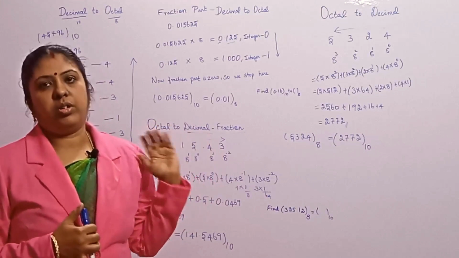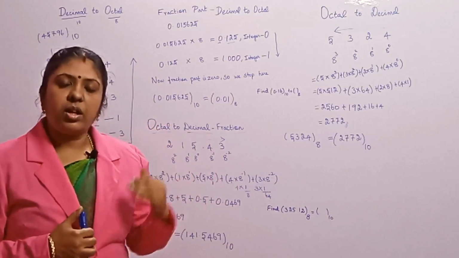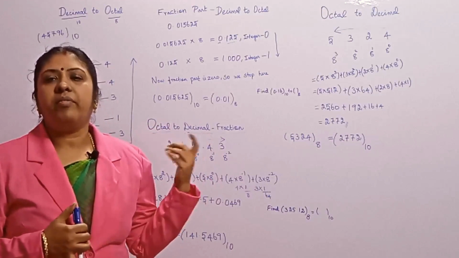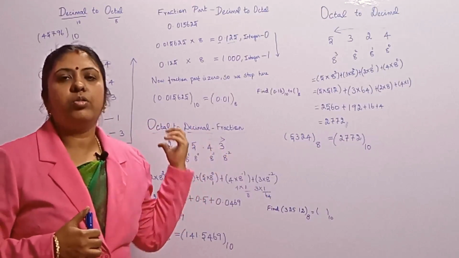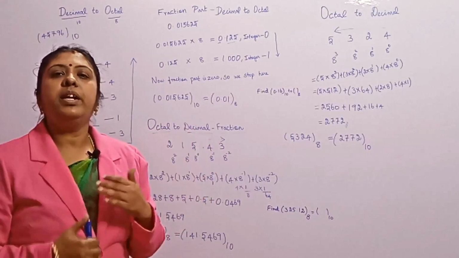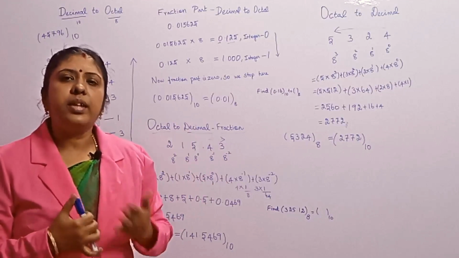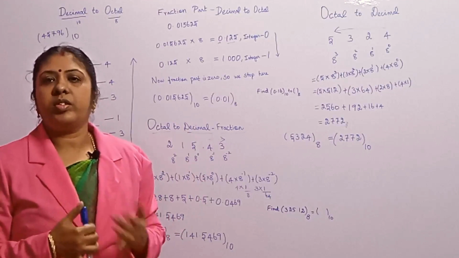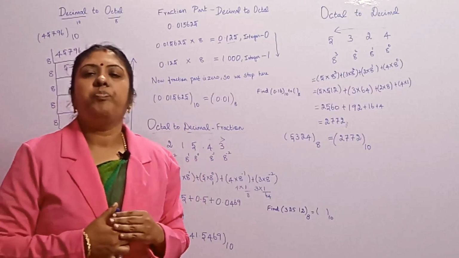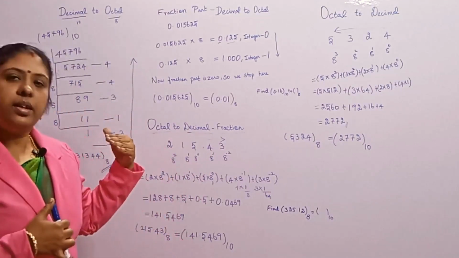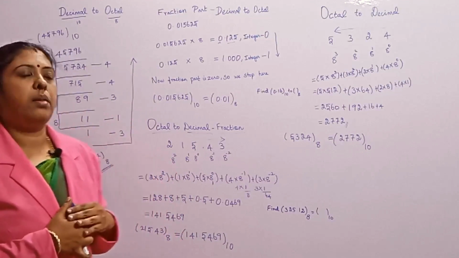We continue until we reach a minimum value which cannot be divided by 8 again, and the remainders will be between 0 and 7 only.